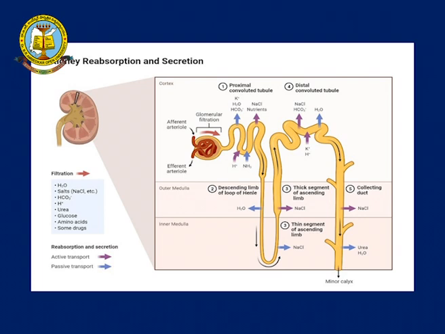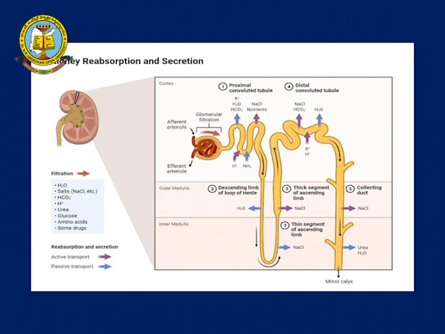Then the water comes outside, the substance is concentrated and circulated, and along with it the sodium chloride also comes outside. This is the thin segment of the ascending limb. So, there is the U-shaped structure in the medulla region, with an ascending region and a descending region. In the descending region, water molecules go outside, and in the ascending region, sodium chloride goes outside.